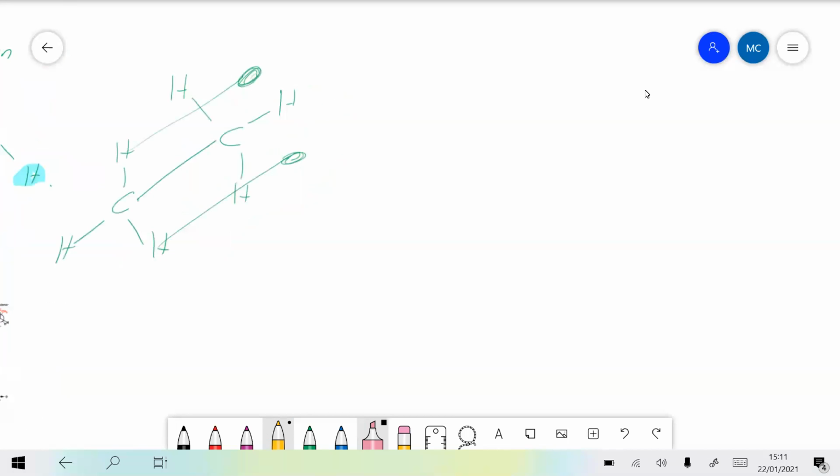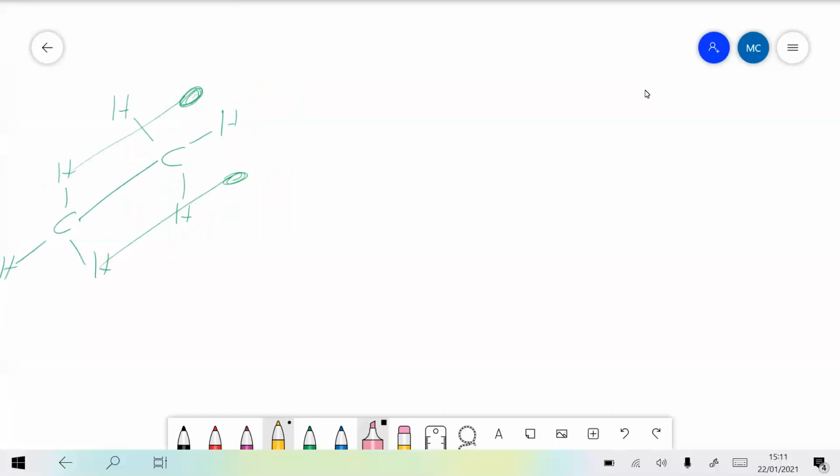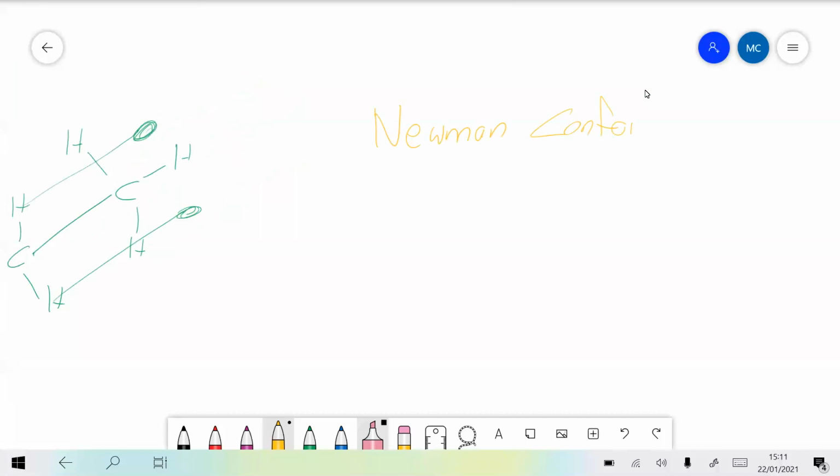But this is the Sawhorse conformation. Then there's also the Newman conformation. And the Newman conformation is actually looking at it directly perpendicular.